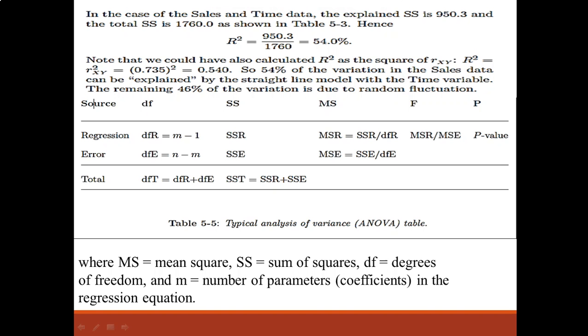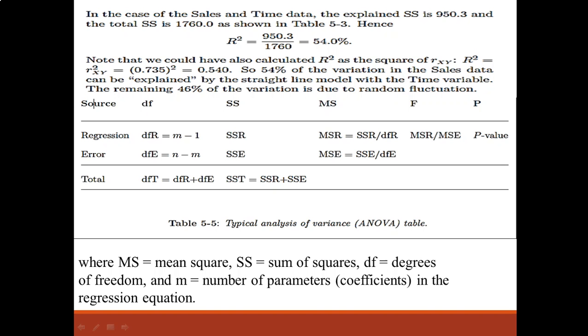Degree of freedom in regression equals n-1, and the degree of freedom of error is equal to n-m. The total degrees of freedom equals the sum of these two, DFR and DFE.